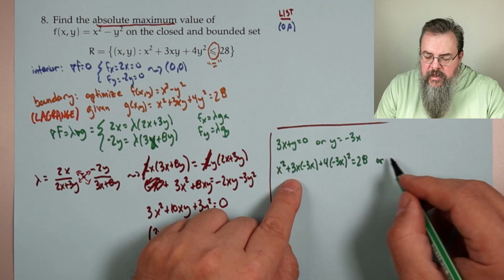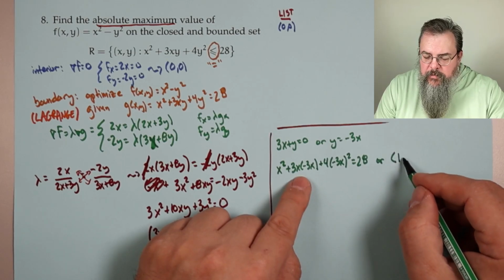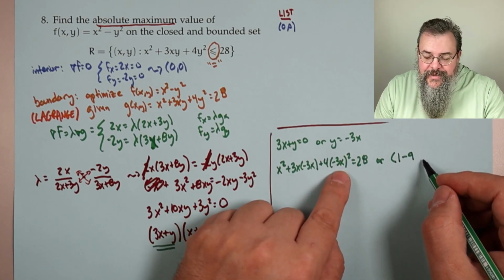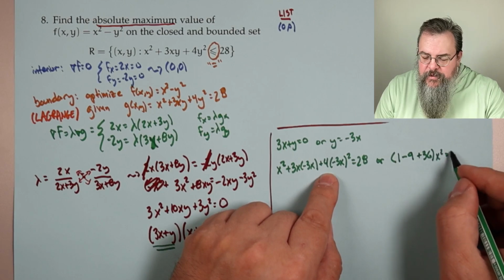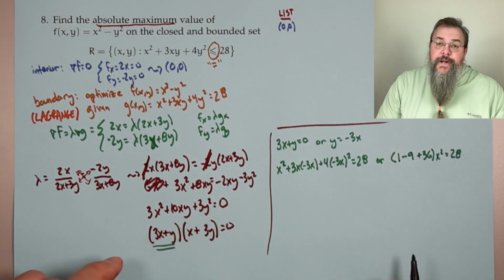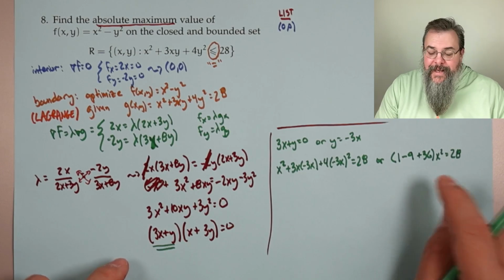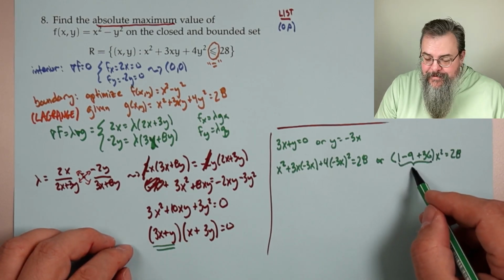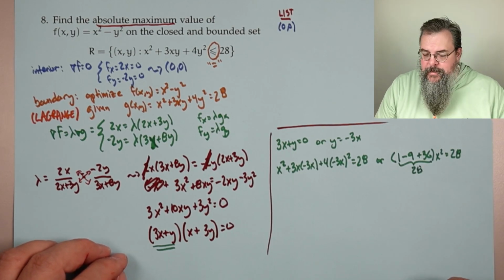That's 1x squared minus 9x squared. Then negative 3 squared is 9, times 4 is 36. x squared equals 28. Well, what happens if you take 1 minus 9 and add 36? You get 28. I think so.